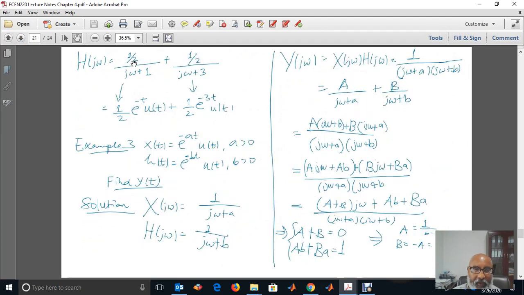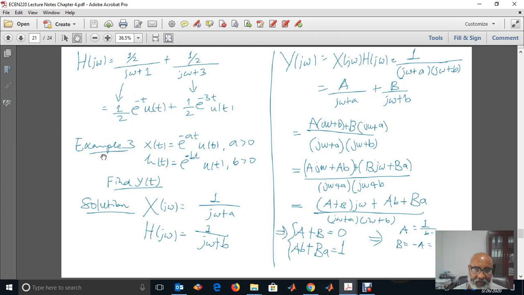Here a is 1, here a is 3, so this will be half, which is just a constant, times e to the power of minus t times u of t, and this one half e to the power of minus 3t times u of t. So we solved the differential equation by going from time domain to frequency domain, and then from frequency domain to time domain.